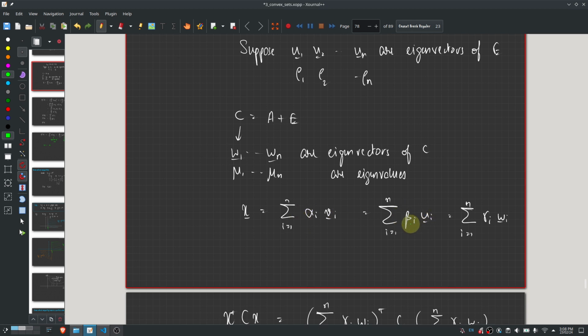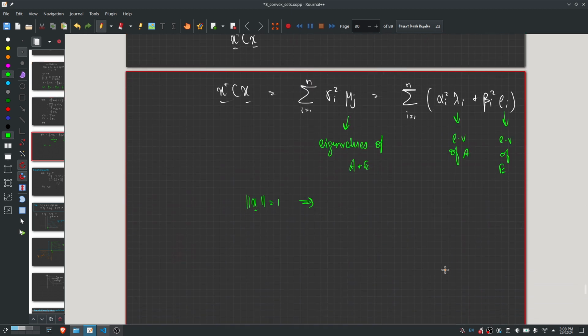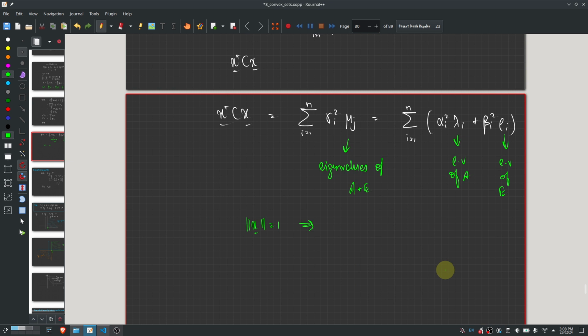That would also be equal to summation beta i square, which is equal to summation gamma i square. Again, all of this we're just representing things in terms of the eigenvalues and eigenvectors of A, E, and A plus E. Great.